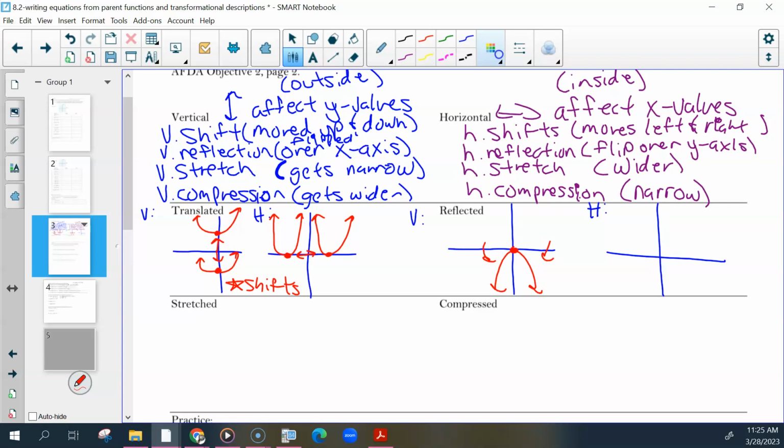So it's been flipped upside down. It's what the second set of arrows are trying to show.